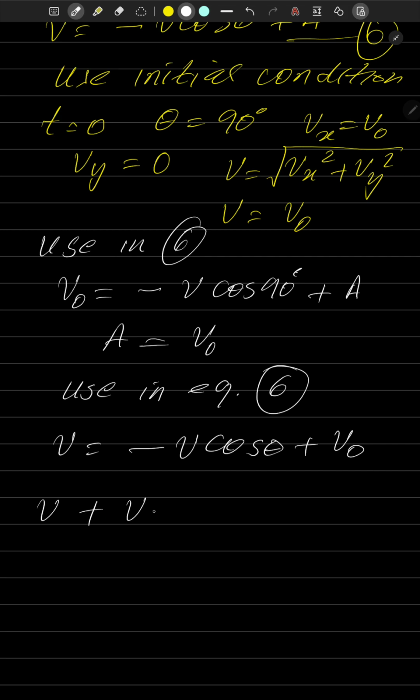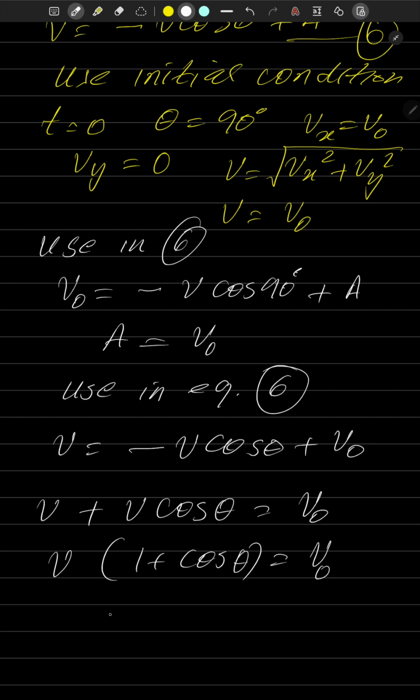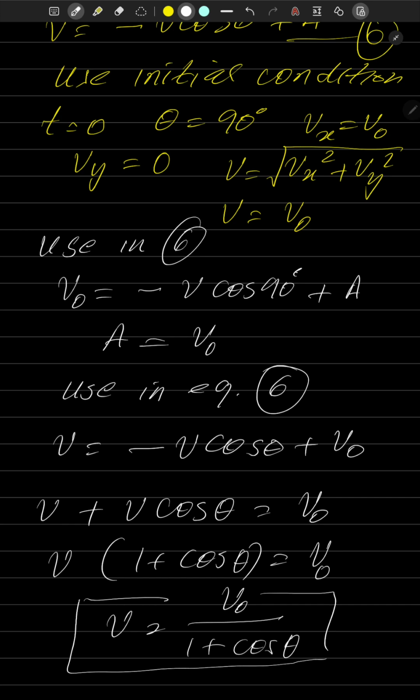If you put the value, v minus v cos theta equals v naught, so v is v naught over 1 plus cos theta. So how your velocity at any instant varies with theta, this is the final answer, with which the velocity keeps on changing.